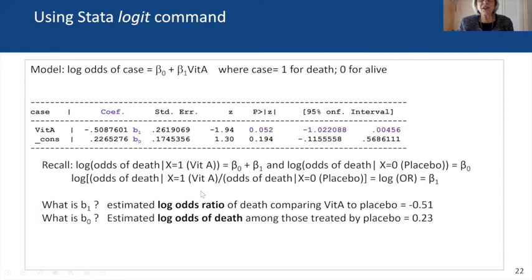So the log of the odds ratio of death in vitamin A compared to placebo is beta 1 itself, which means we're estimating that log odds ratio comparing odds of death in vitamin A to odds of death in placebo as negative 0.51. Whereas the estimated intercept, B naught, is a log odds of death among those treated by placebo. And we're estimating that as 0.23.